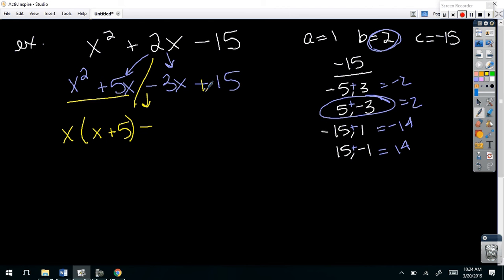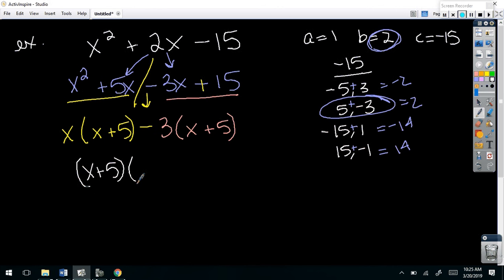But because it's a minus, I do. Okay, what's the GCF then of the last two? That's right, 3. What's left? What do they share? What do you use the same? X plus 5, times what?